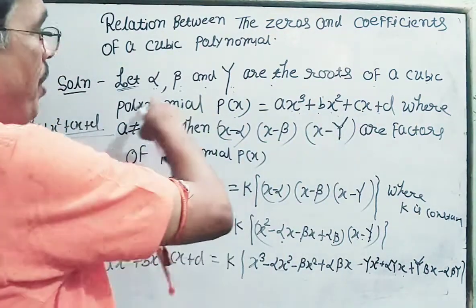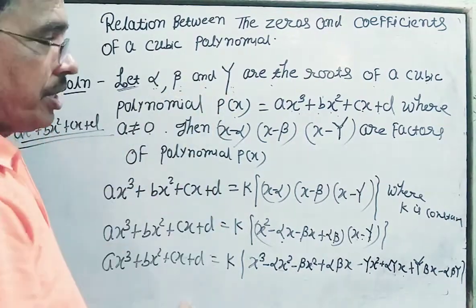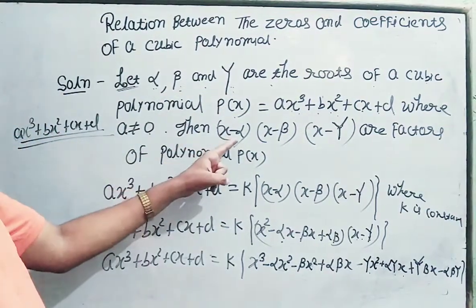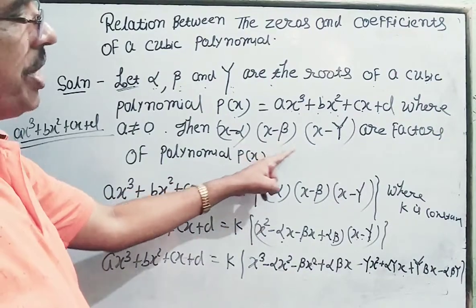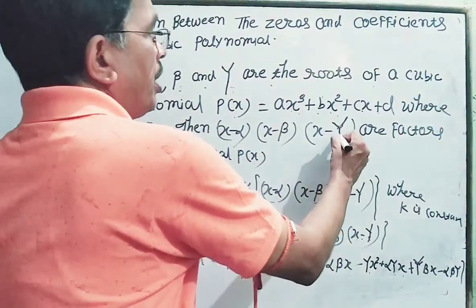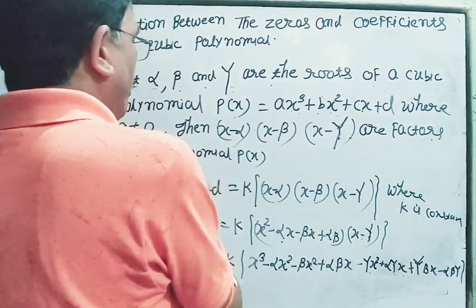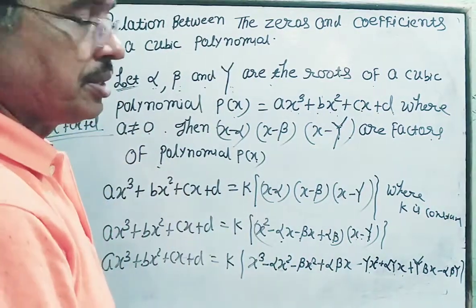Then if alpha, beta, and gamma are the roots, then x minus alpha, x minus beta, and x minus gamma are the factors of the polynomial P(x).